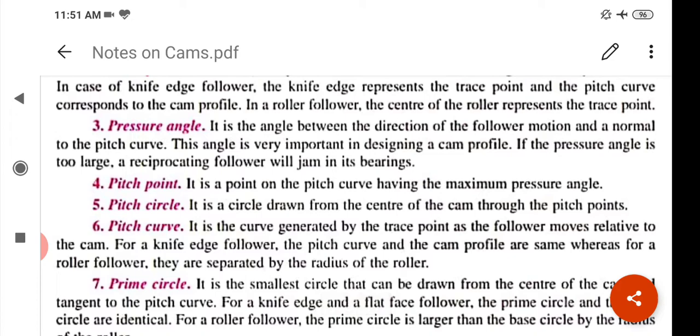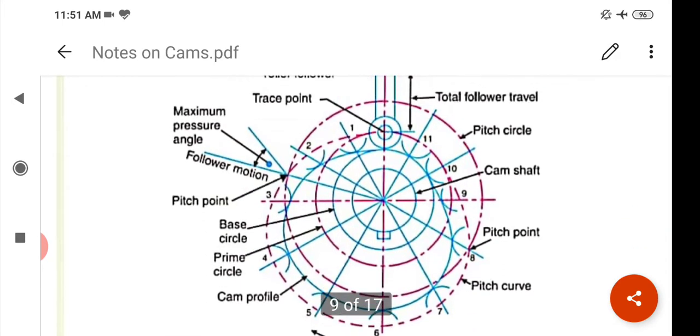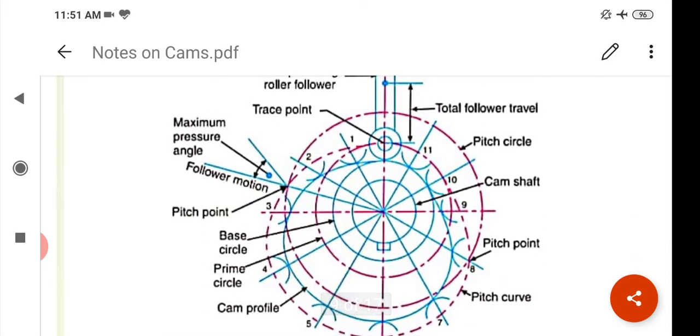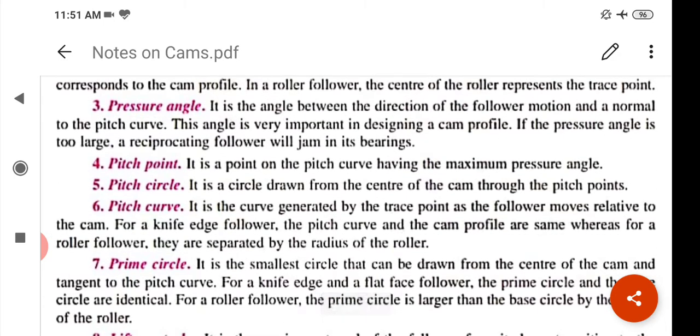Next we'll see what a pitch point is. It is the point on the pitch curve having maximum pressure angle. There are two points on your pitch curve where the pressure angle will be maximum. Those points are called the pitch points. Next we have the pitch circle.